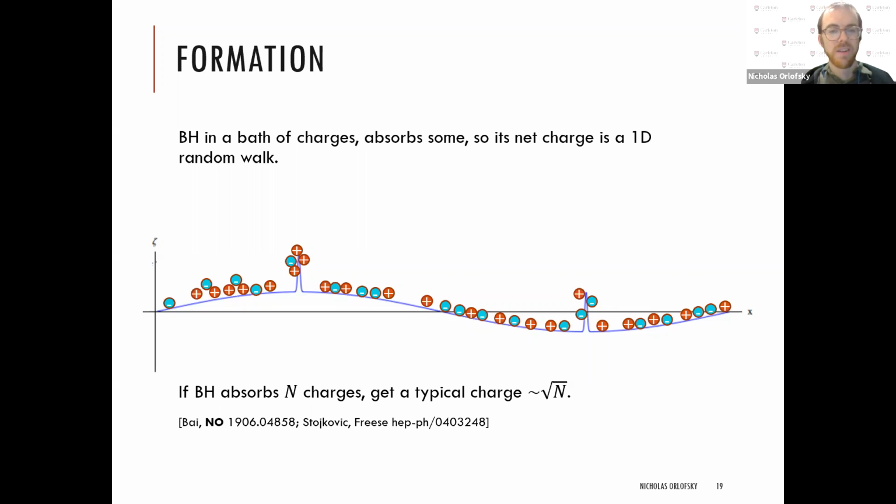And then after that, the black hole is going to traipse around, or more specifically, the plasma is probably going to be coming in towards it, and it'll be absorbing both positive and negative charges. Of course, on average, the black hole will get 0 charge, but the typical fluctuation away from 0 is essentially a 1D random walk, which gives you that the typical fluctuation is of order the square root of the number of charged particles that it absorbs.